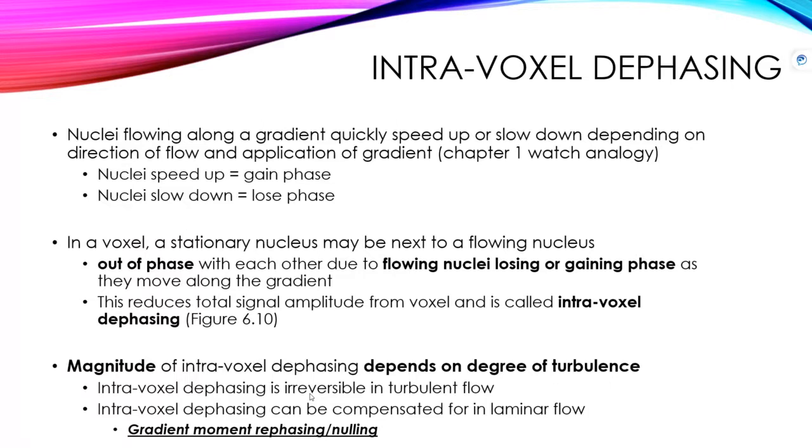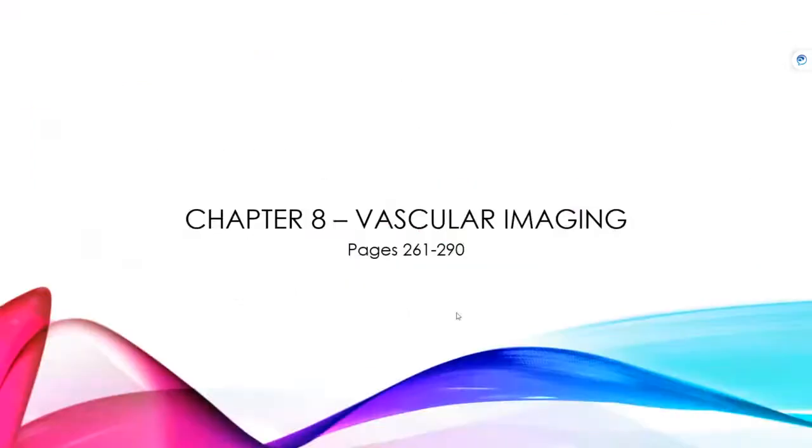Turbulent flow is flow that happens right outside of a stenosis. It's also going to happen in patients who have blood pressure issues, for instance, or if there are tumors in the way. All sorts of different pathologies can cause turbulent flow. However, if it's happening in laminar flow, we can make up for it with gradient moment rephasing, or gradient moment nulling, a compensation technique. We'll talk about that today in just a little bit.